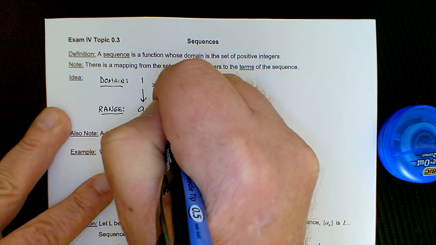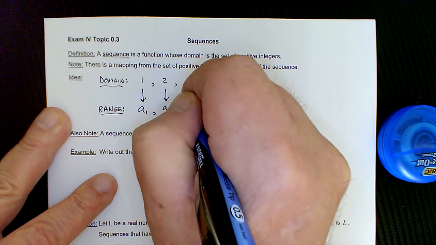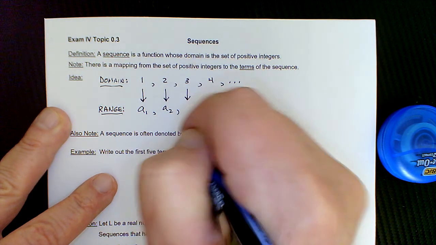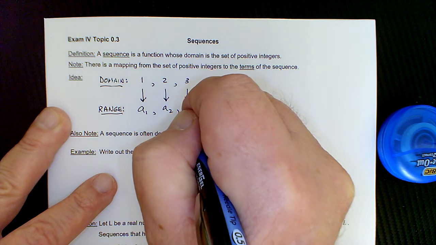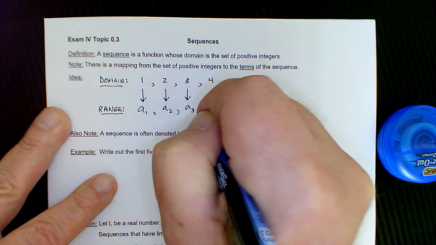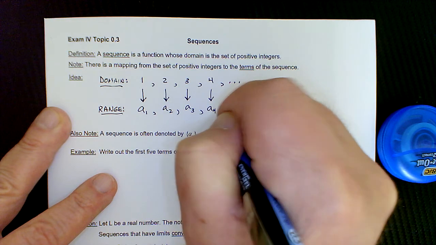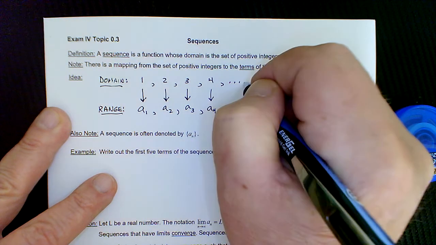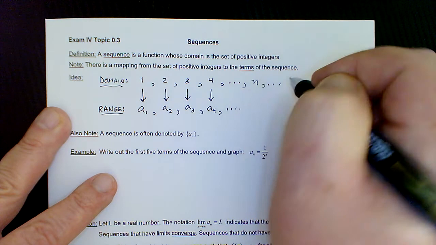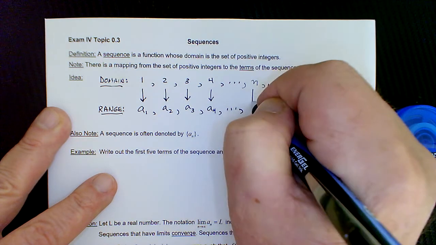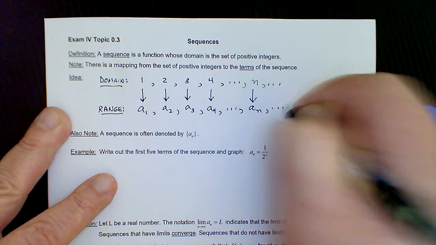Then you send 2 through there, you get a sub 2, send 3, and we'll see exactly what we mean in a moment, into the defining nth term of the sequence, you get a sub 3, a sub 4, and so on.